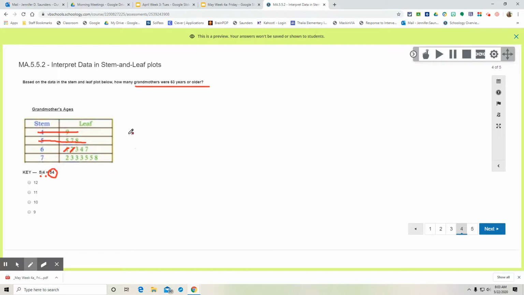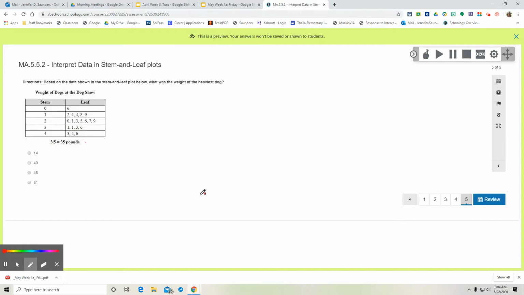Now my list starts with 63, followed by 64, and then 67, and continuing. But because of the ease of a stem and leaf plot, all I have to do is start counting these leaves and be done. From 63, 1, 2, 3, 4, 5, 6, 7, 8, 9, and 10. So 10 grandmas are 63 years or older.